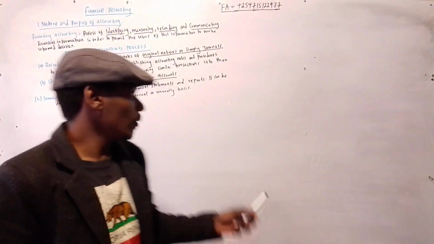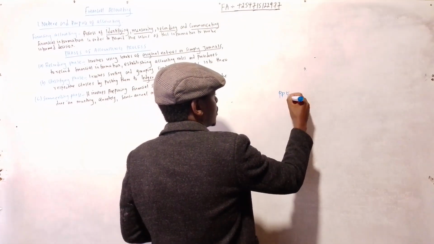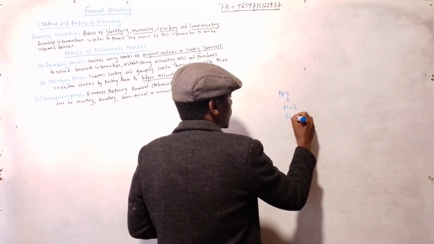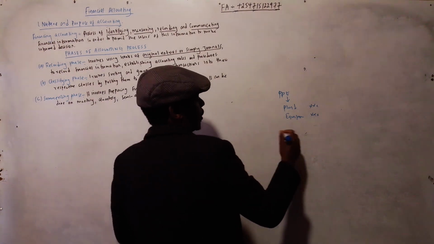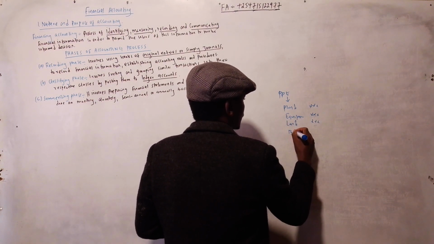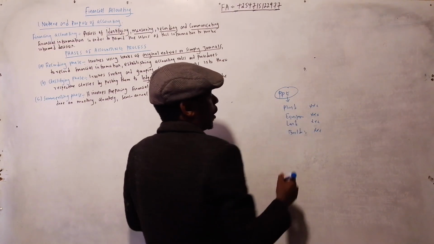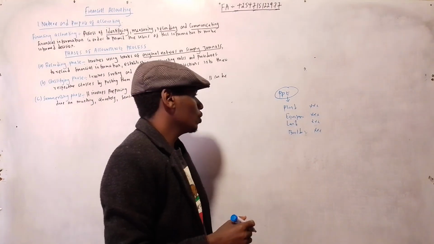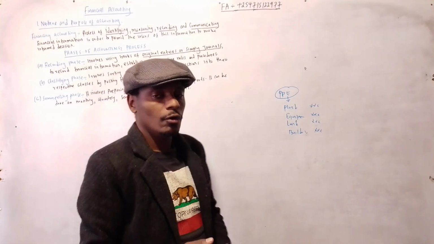For example, for PPE, we might find that the PPE has a lot of transactions inside. We shall have maybe plant, we shall have the equipment with their totals, we shall have maybe land, building. Now all these items belong to PPE. Now it is very hard to use this information for the purpose of interpreting.